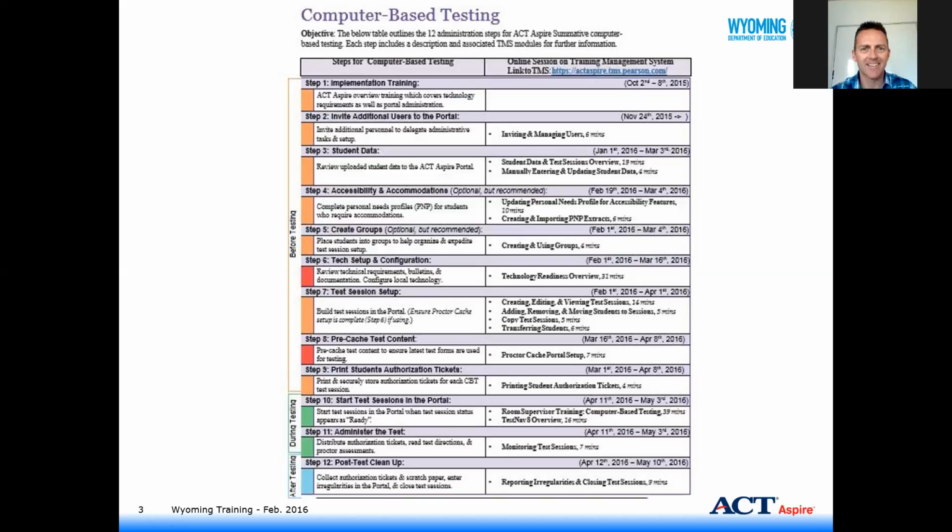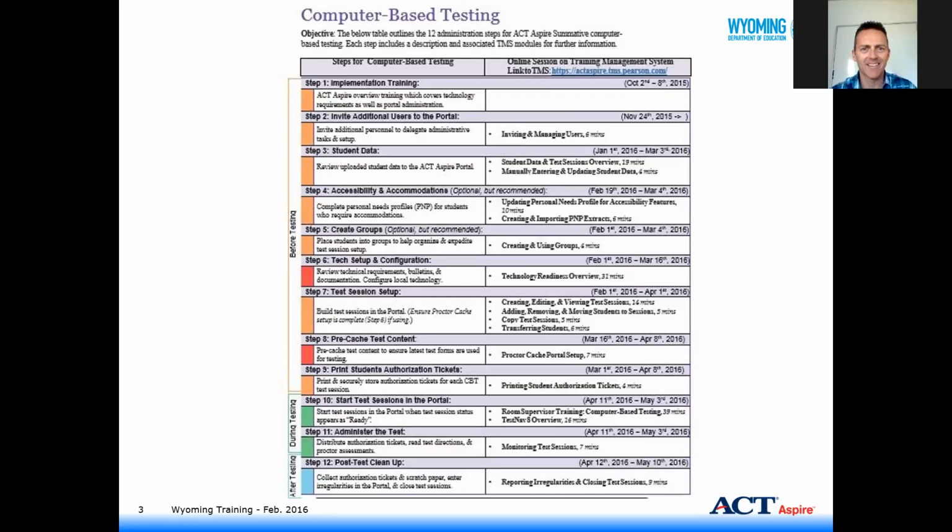We also have step 8, which I had highlighted in red, not only the technology setup but the pre-caching content. From a technology coordinator perspective, we want to make sure that folks are able to download the test content for the spring admin, and the timeline for doing that is March 16th to April 8th.